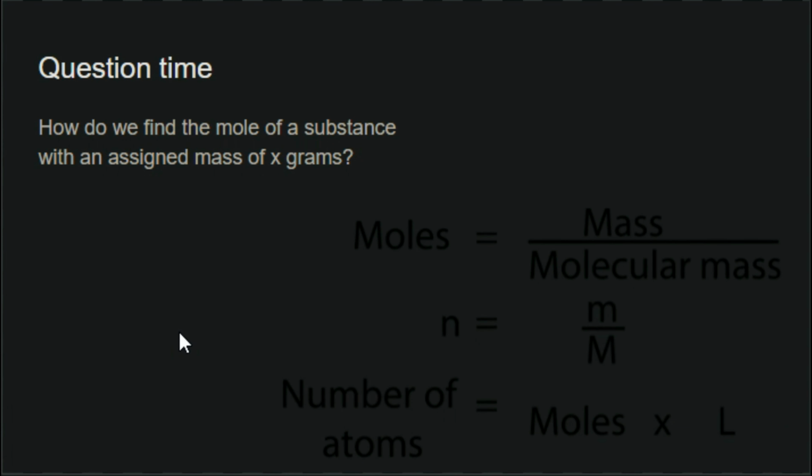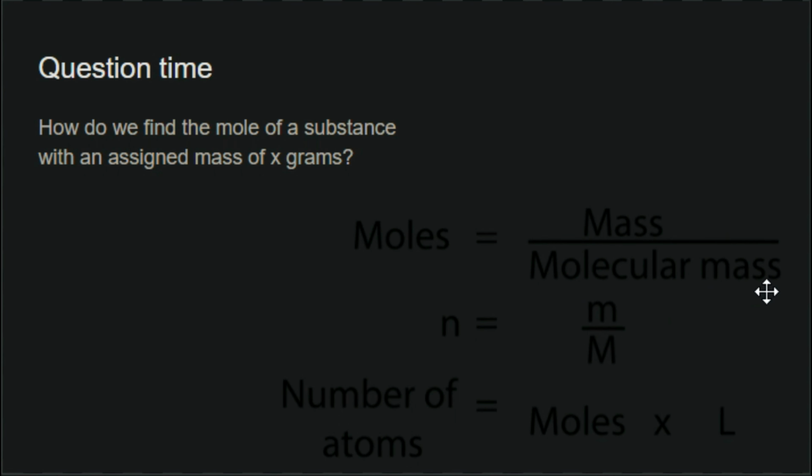Okay, now question time. How do we find the moles of a substance with an assigned mass of x grams? A mole is essentially equivalent to the mass over the molecular mass. For example, in the question, if they say, "I've given you 2 grams of H2O," well, if they say grams, it's mass.